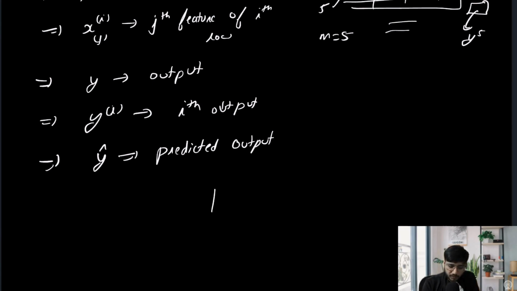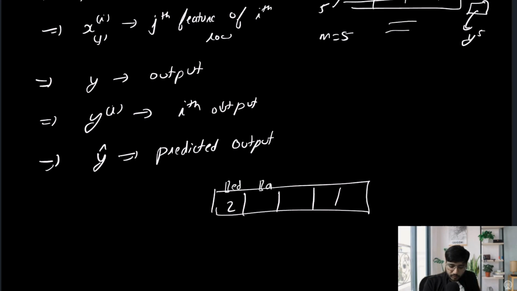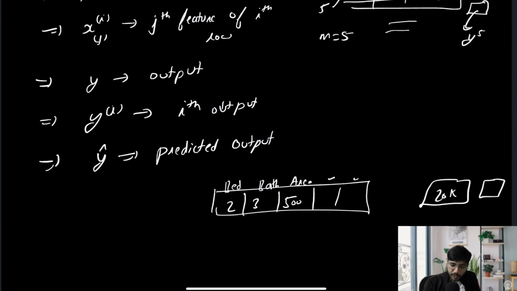So if you pass some kind of input row, let's say you pass 2 bedrooms, 3 bathrooms, and an area of 500 square feet and some other feature. And what you predicted is, let's say 20K, and the actual price was 80K.